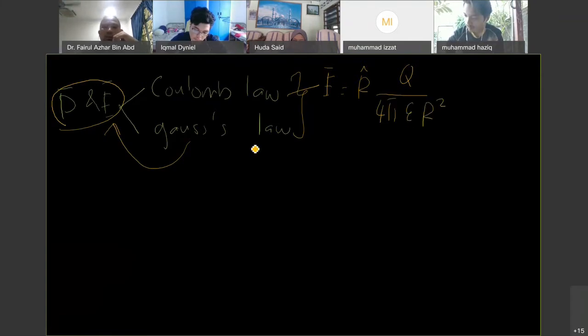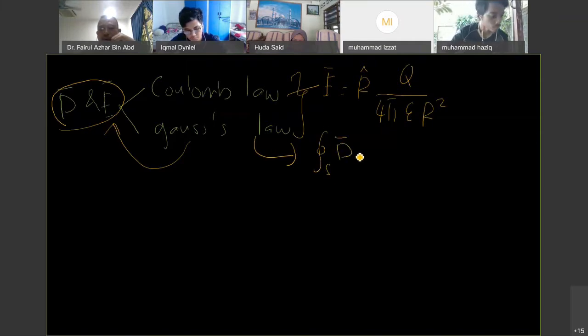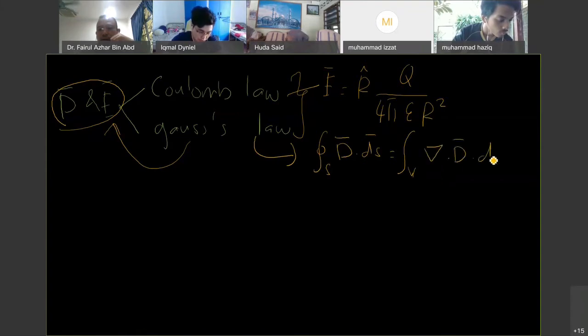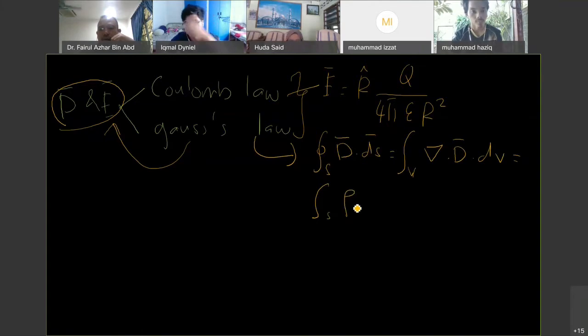Governed by this Gauss's law, we have a series of equations. So the closed surface integration for D dot ds is equal to the volume integration for del dot D dv, is equal to the surface integration rho s dot ds, is equal to Q enclosed.